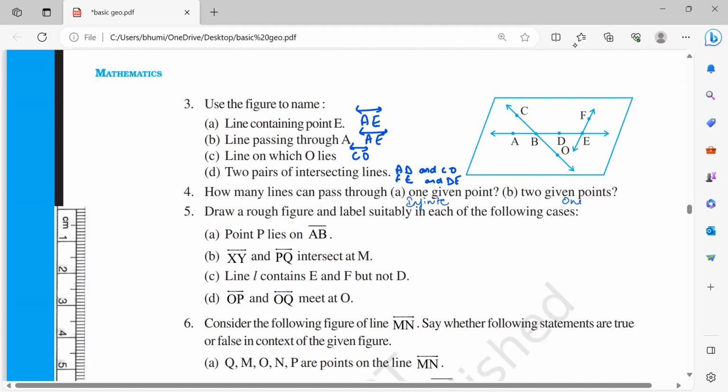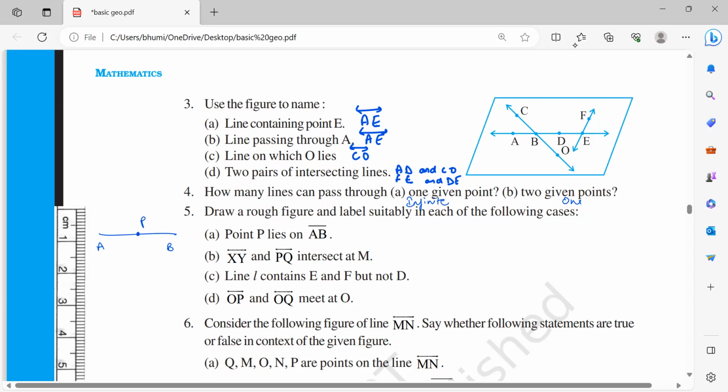Okay. Draw a rough figure and label suitably in each of the following cases. You have to draw rough figures for each. If I say point P lies on AB, this is line AB, and point P is lying on it.